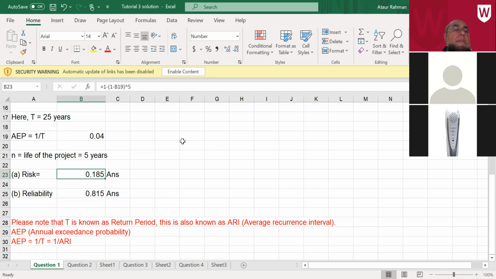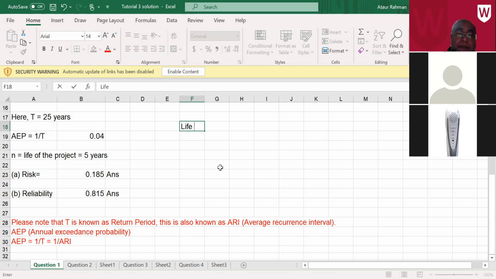Okay, so in this problem, we can see that the temporary coffer dam is to be designed to protect a 5-year construction project. So the life of the project, which is N, equals 5 years.